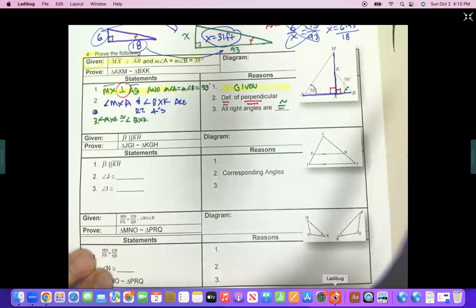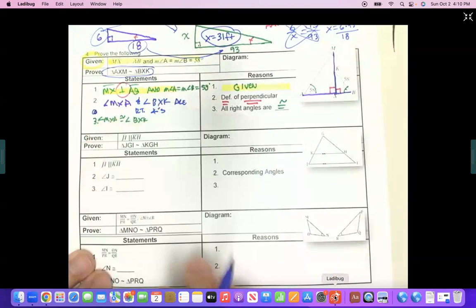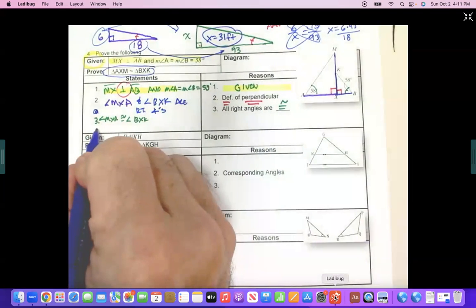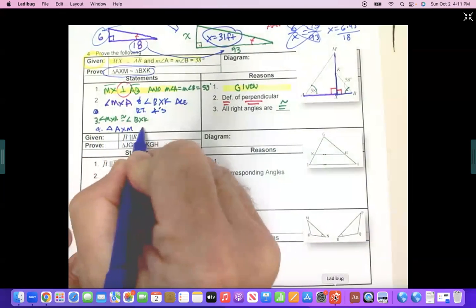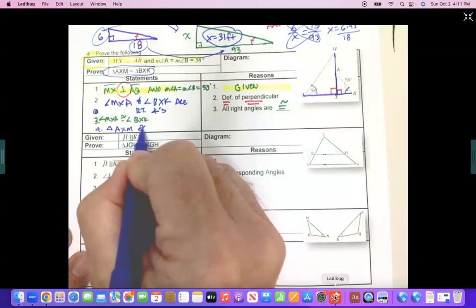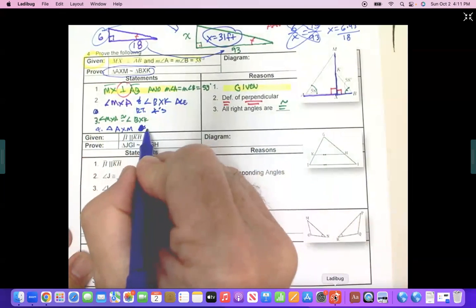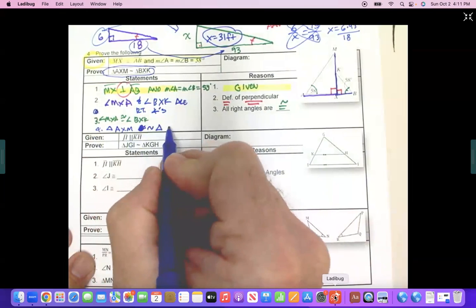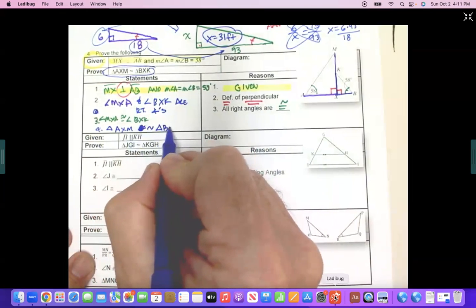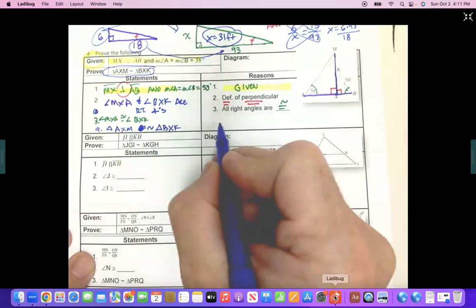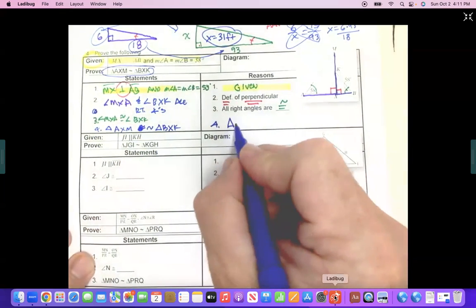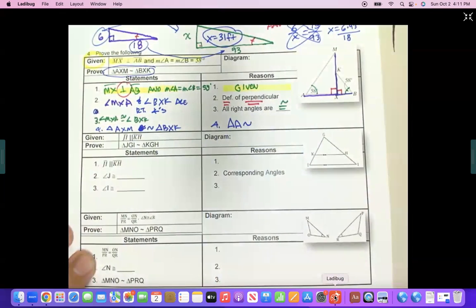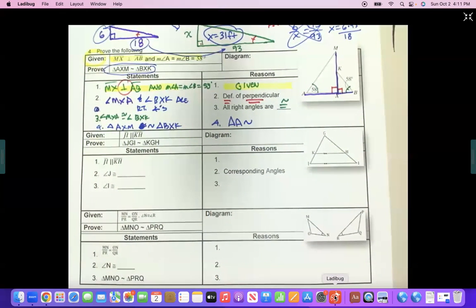Therefore, we can conclude what we're asked to prove, and that is that triangle AXM is, I put congruent, sorry about that, is similar to triangle BXK, and the reason we know this is because of the angle-angle similarity statement or postulate.